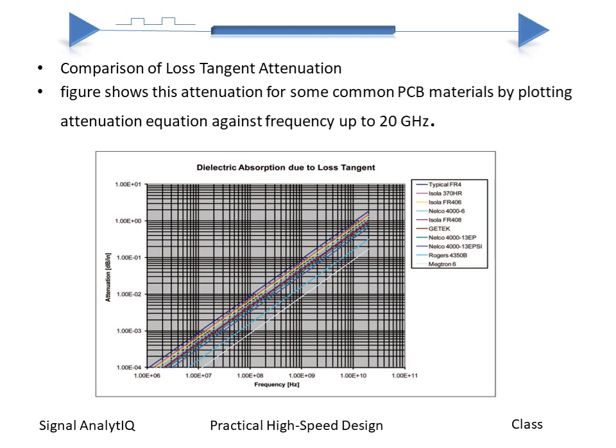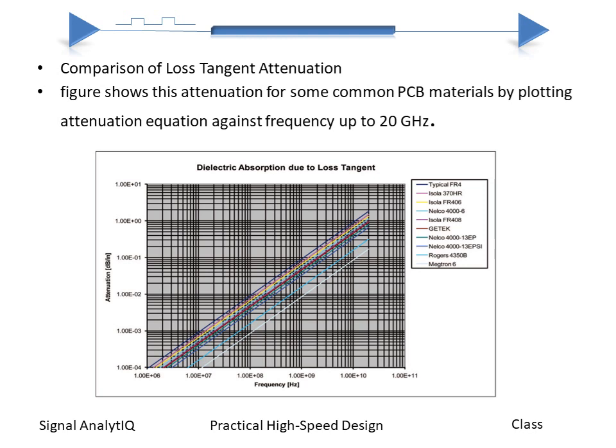This is the comparison of loss tangent attenuation. We use different types of board materials to manufacture printed circuit boards and support various high frequency signals. The typical board material we select is FR4, which is commonly used, and there are also various boards like Isola, Nelco, G-Tech, Rogers and Metron.